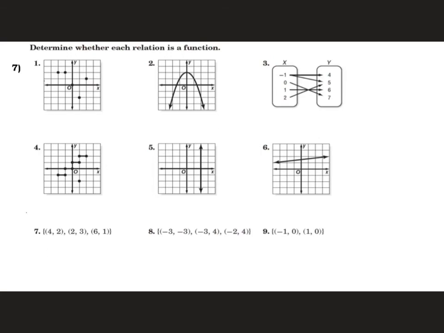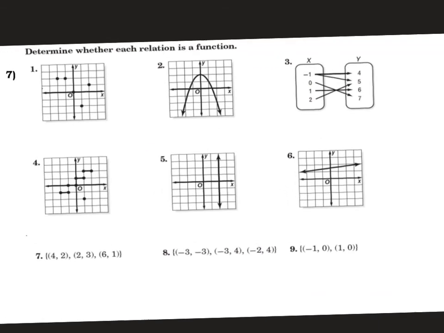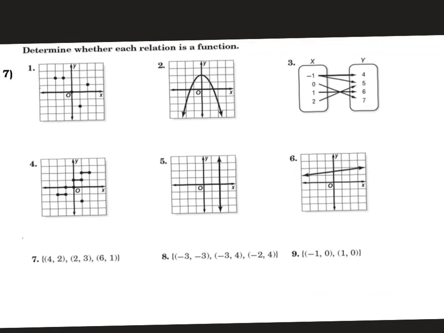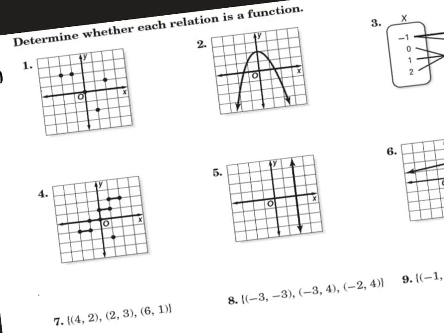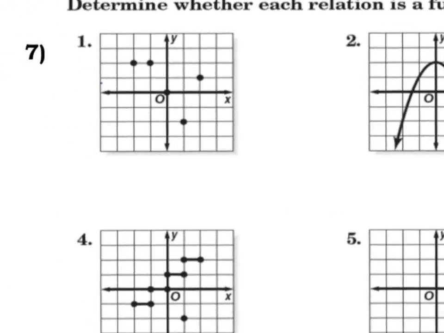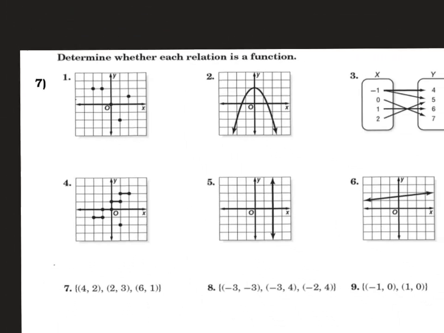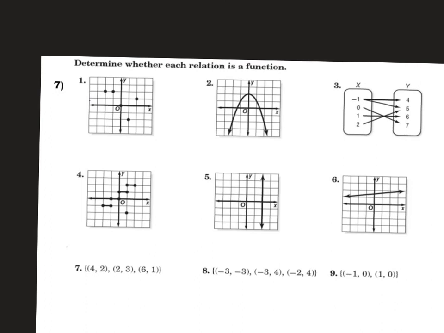Okay, now this one's a little bit of a doozy. It's a bunch of different representations, but we just want to think back to graphs, tables, mappings, sets. They all have a clear method of determining whether or not it's a function. So let me highlight the ones I want to use my vertical line test on because they're graphs: 1, 2, 4, 5, and 6.